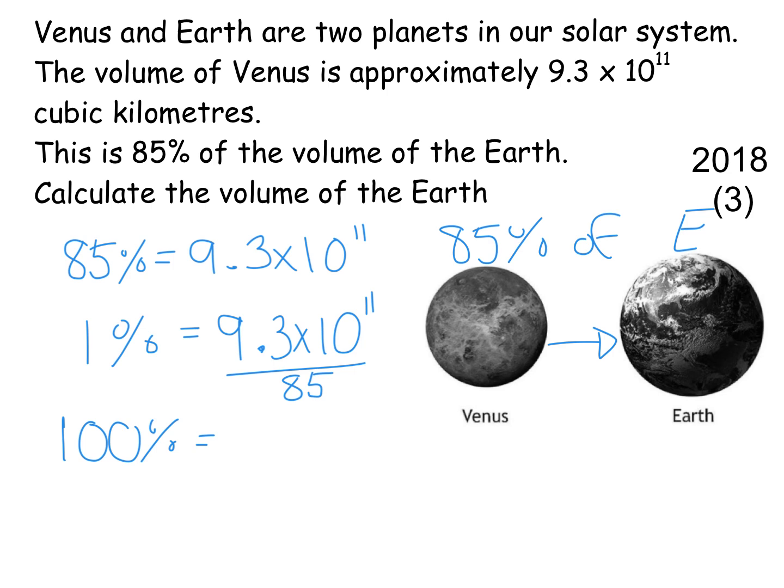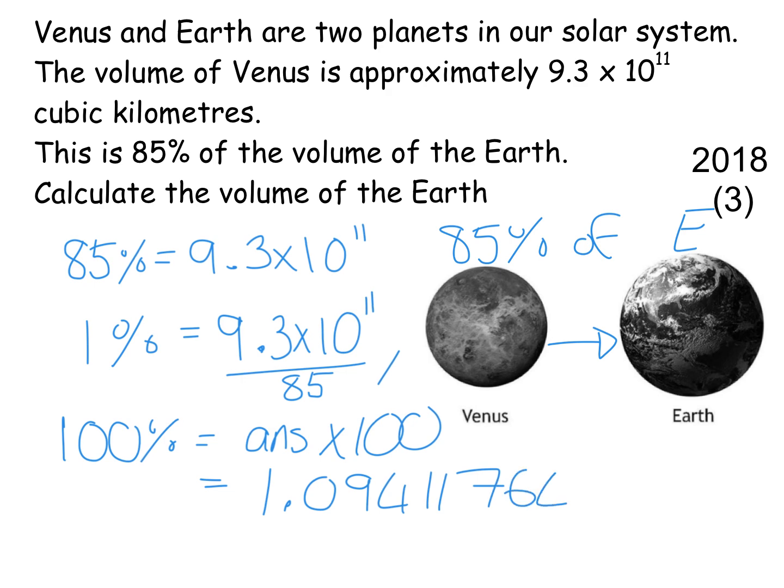If I type in 9.3, my times 10 to the power button, and I divide by 85, I get a horrendous looking number, which I then times by 100. So what I'm just going to do is I'm going to cheat, and I'm going to write that here, I do my answer times 100 because I'm not writing it down. And I get this number out, and I'm going to show you. So we get 1.09411 and so on times 10 to the power 12.